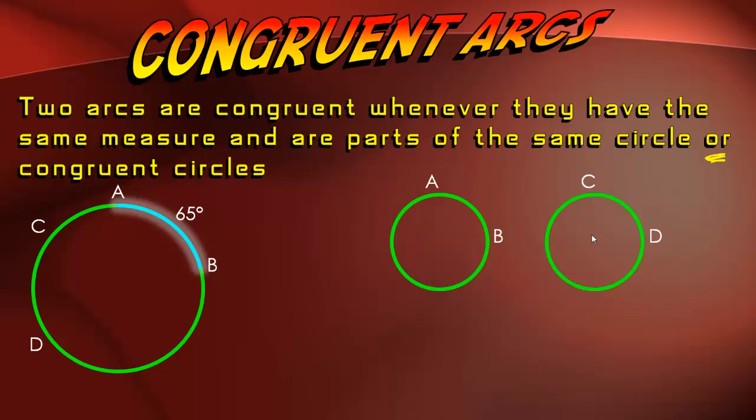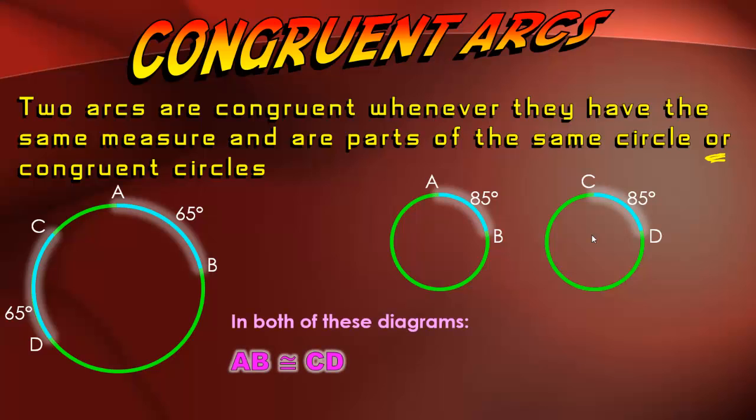Here I've got arc AB is 65 degrees, arc CD is 65 degrees. We can say that they're congruent. This one, say AB was 85 degrees and CD was 85 degrees, and we were told that the two circles were congruent. In both of these diagrams, we could say that AB is congruent to CD.